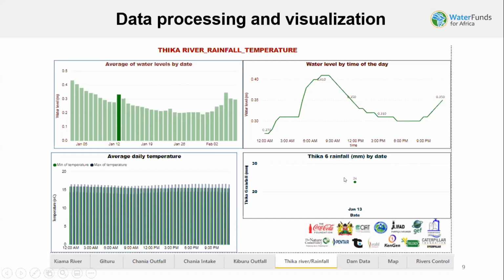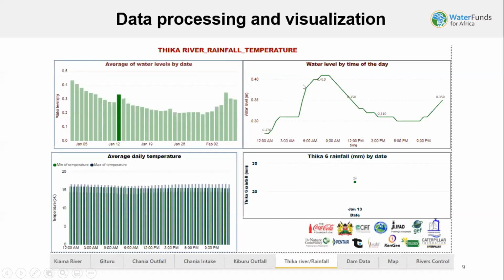So if, for instance, the rainfall on this particular day reads 0, and the manager sees this increase in water level, then there is something that has to be triggered. Maybe something is happening upstream.